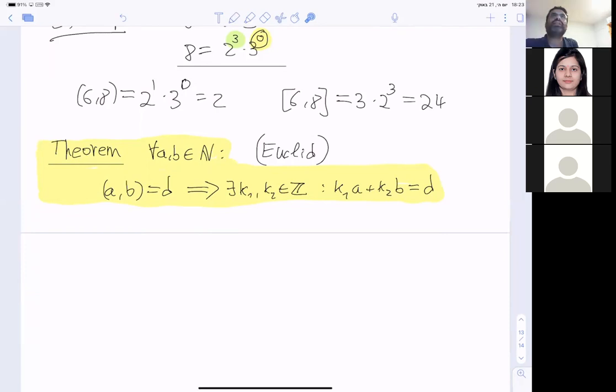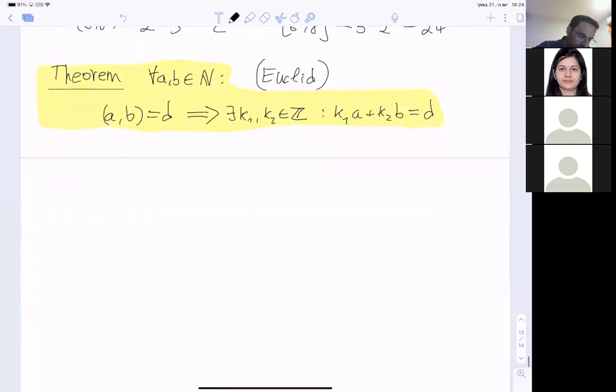So let us see the proof, which is called the Euclid algorithm. How do we find these K1 and K2? What we are going to do is take A and assume that A is greater than B. One of them is bigger than the other.